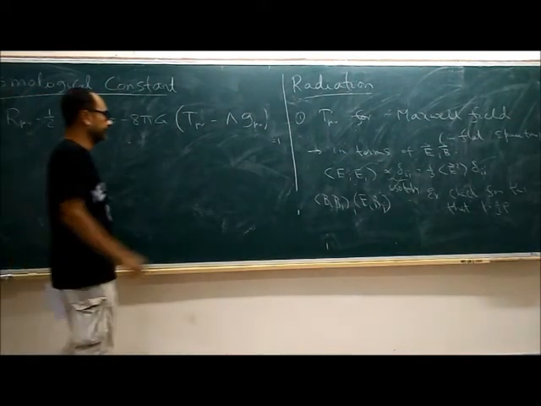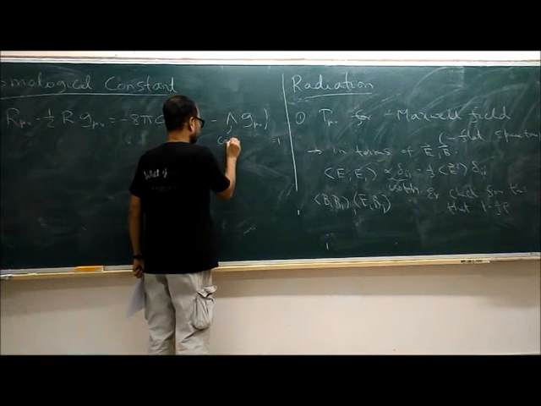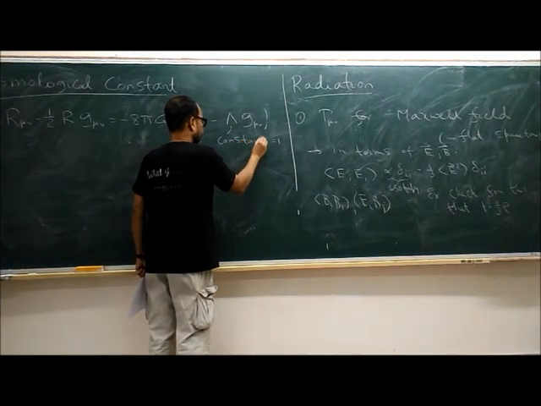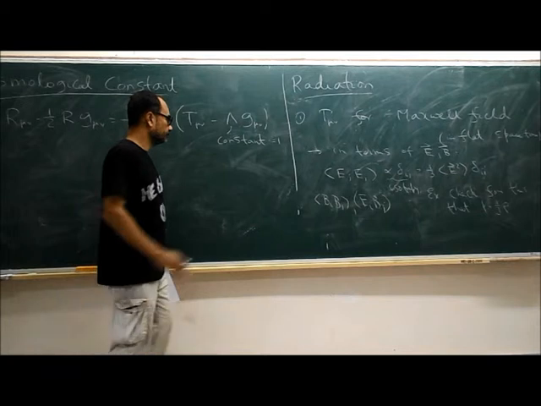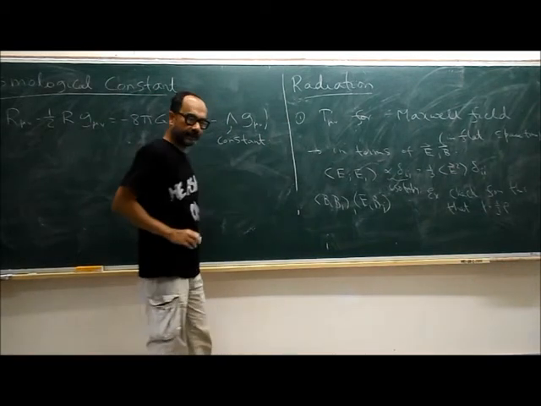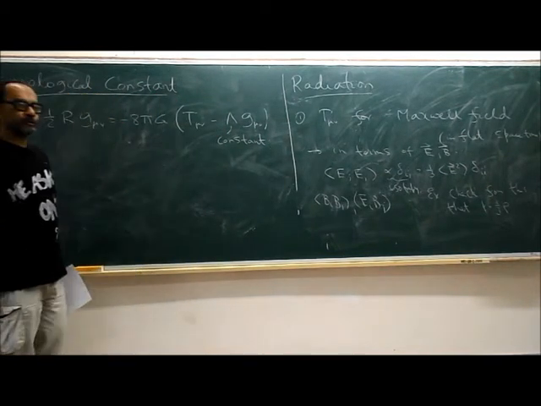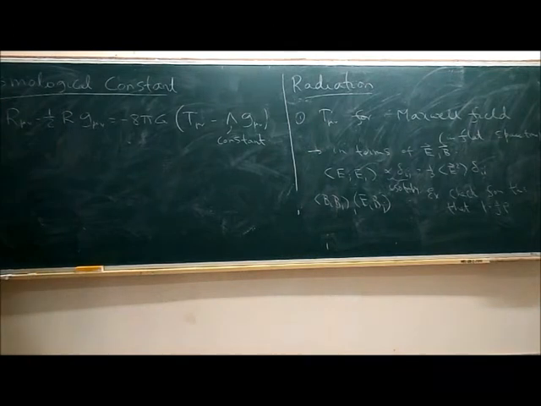Lambda is some constant. It can be positive or negative. If it's positive, it's a positive cosmological constant; if it's negative, a negative cosmological constant.